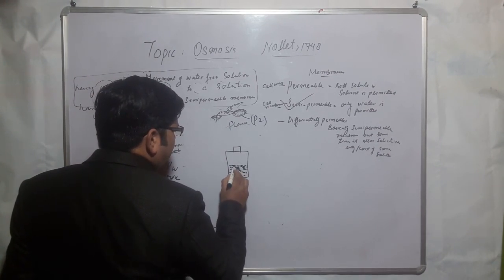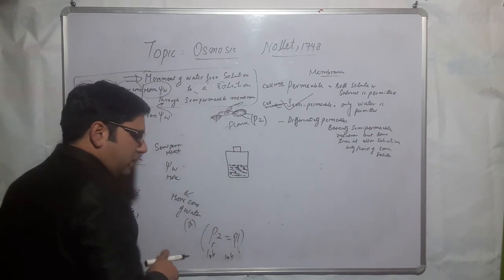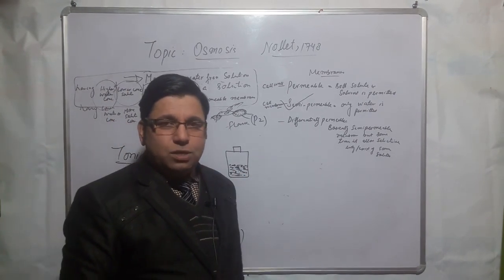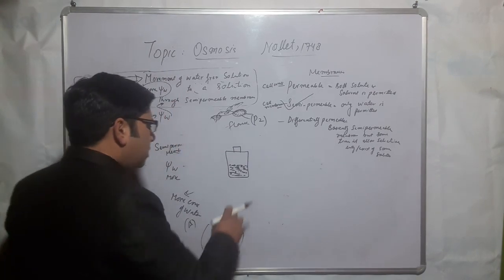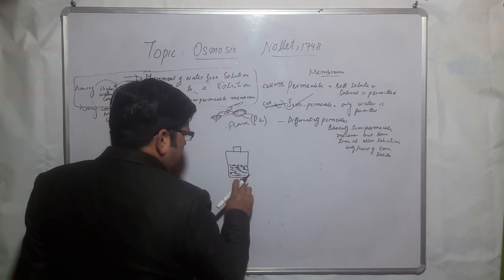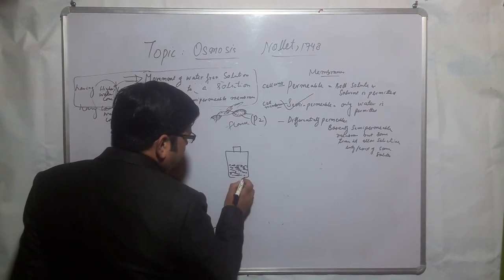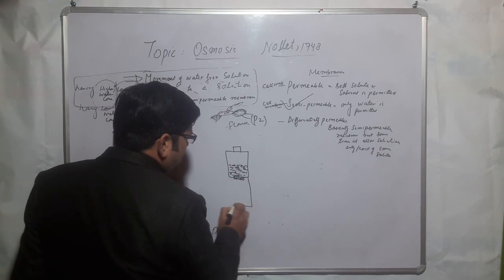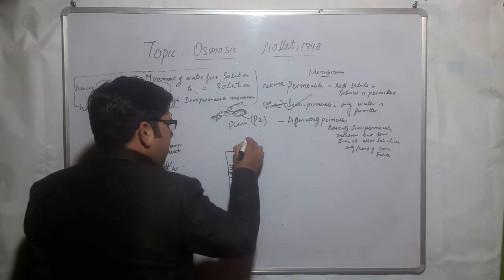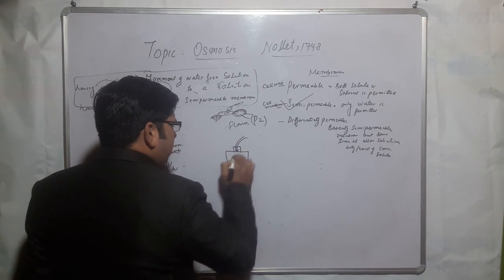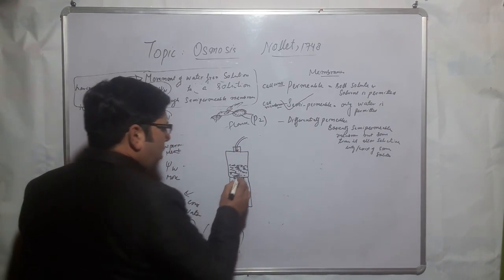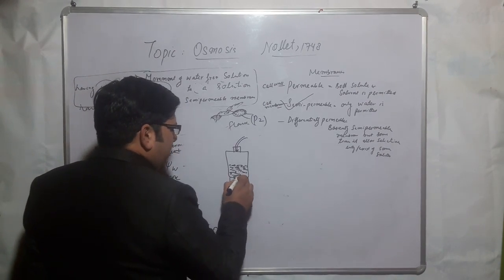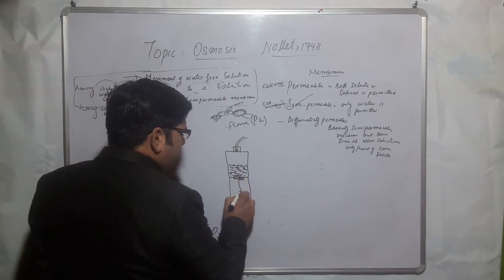These are impurities, this is dirty water. It has a number of solutes, a number of solid matter inside it. What we will do is put some kind of semipermeable membrane here, and another bottle here. We will apply pressure from outside. When we apply pressure, the water will come through this semipermeable membrane to this side.